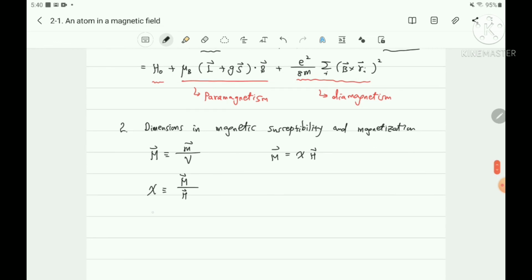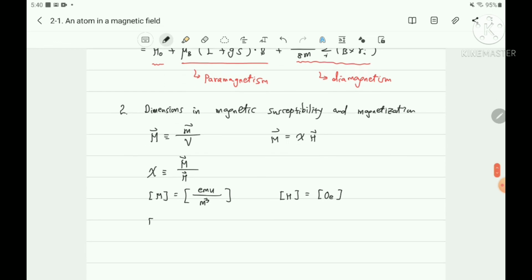The dimension of magnetization is magnetic moment in emu, where emu means electromagnetic unit, per cubic meter, which is the volume. And the applied magnetic field is in oersted. Therefore, the magnetic susceptibility dimension is magnetization, emu per cubic meter, over the magnetic field, oersted.